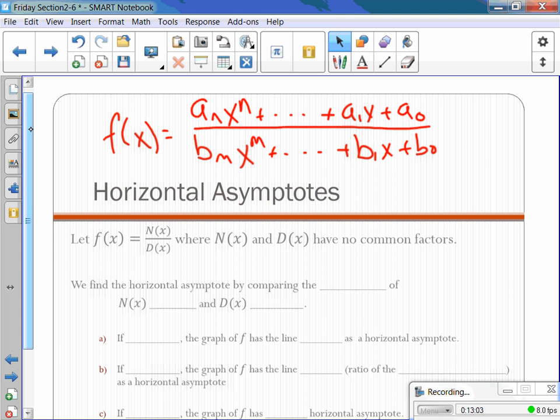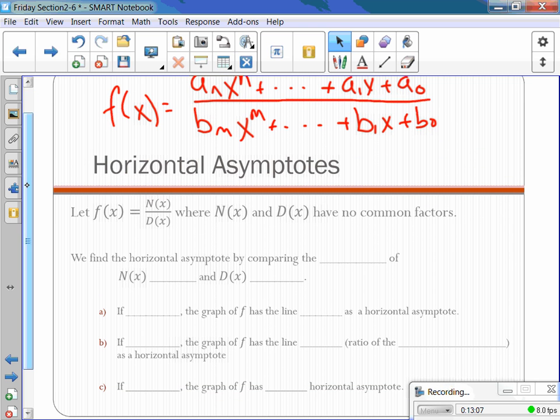So for our horizontal asymptotes, all we're doing is comparing the powers, or just the degrees. So all I'm going to be doing is comparing my n and my m.